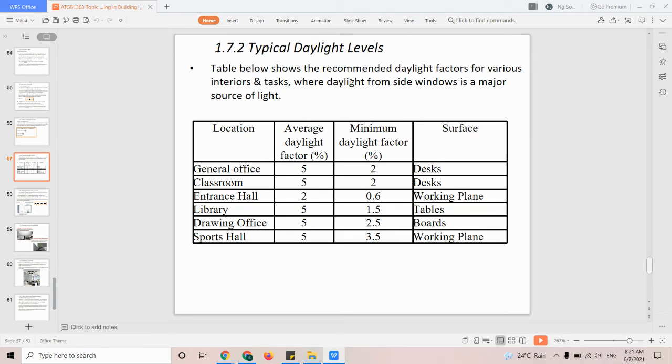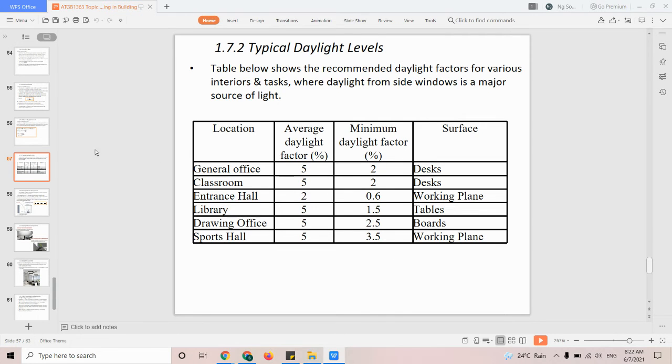Okay, so since we have a table for artificial lighting, we actually also have a standard table for daylight level. So how much daylight we require for a room. So this table shows a recommendation of daylight factor for various locations. So depending on the type of activity required, then we have a different minimum daylight factor.